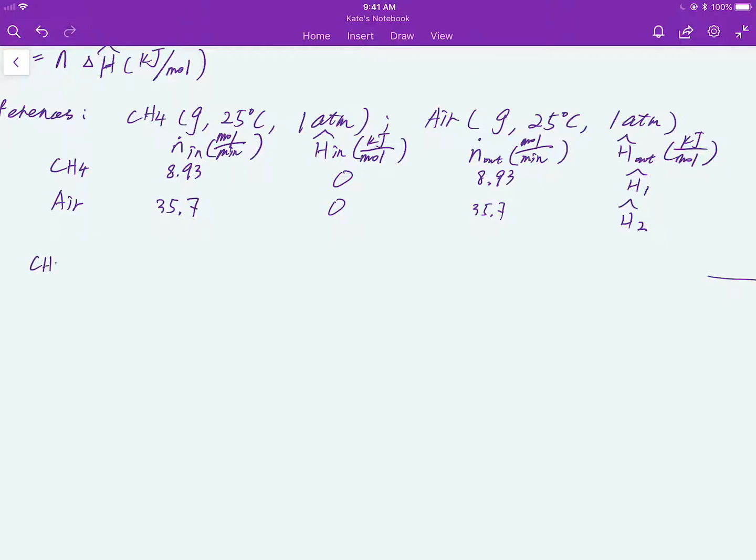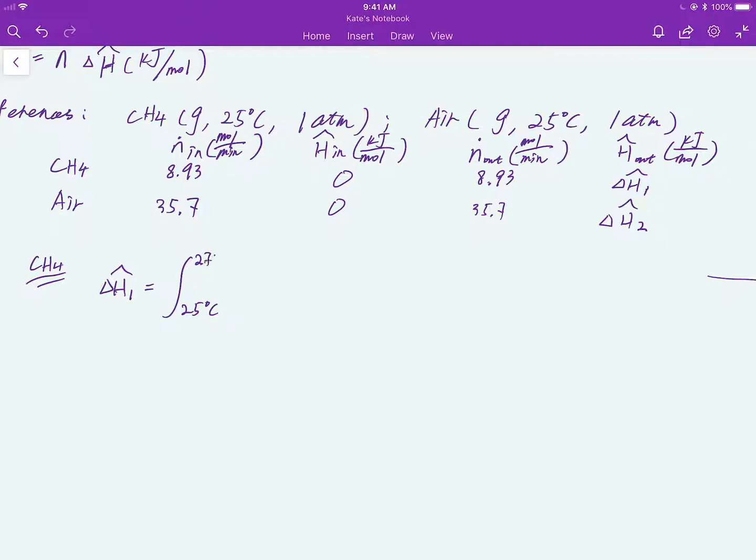For the methane species, we have to use heat capacity and specific enthalpy change. Well, this is actually a change, starting from 25 degrees. That is the starting temperature, because that's the temperature I chose in my reference state.